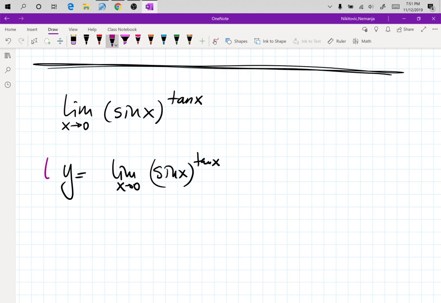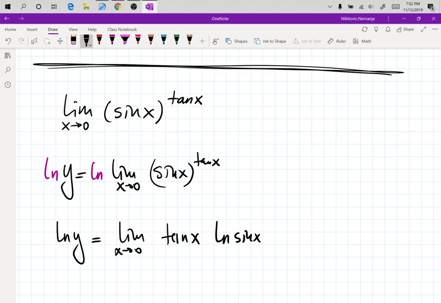ln both sides. And that's going to give you ln of y is equal to, kick the limit outside, x goes to 0, and then bring the tangent down, and then you have your ln of sine x. There is a times in between these. So now when you plug in 0, tangent of 0 is 0.